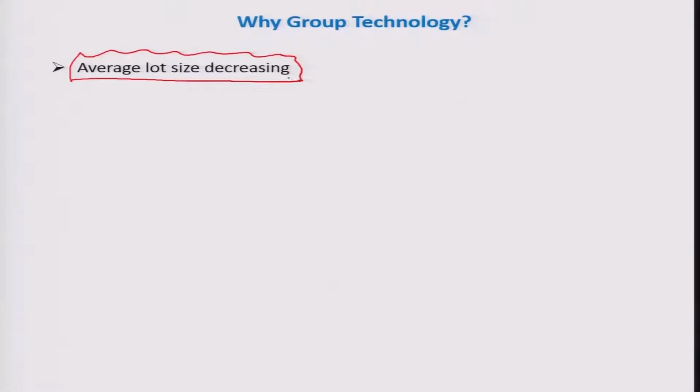Why group technology? It helps because average lot size is continuously decreasing in every industry, while part variety is increasing. Now there is pressure on any industry to increase the variety of parts.